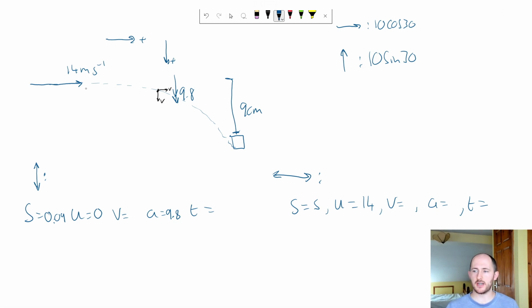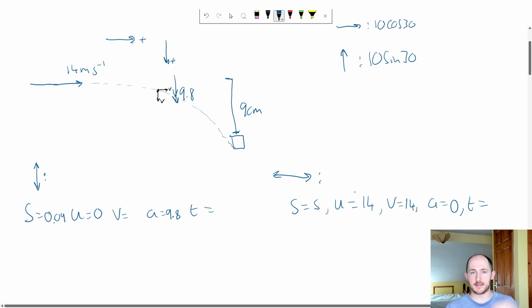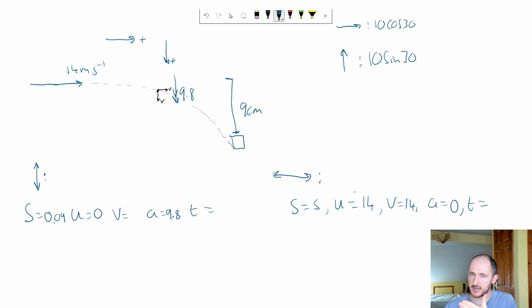Which means the acceleration going right or left is 0, because there's no horizontal forces, which means there's no horizontal acceleration, which means the final velocity should also be 14 meters per second. It's still travelling to the right with the same velocity as it starts off with, because we're saying there's no air resistance, there's no other forces acting on it.